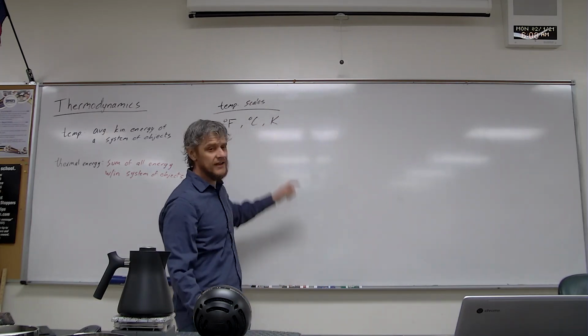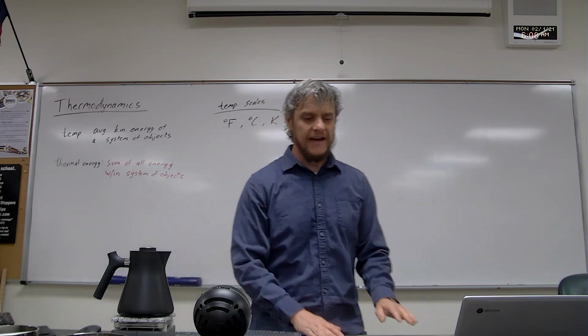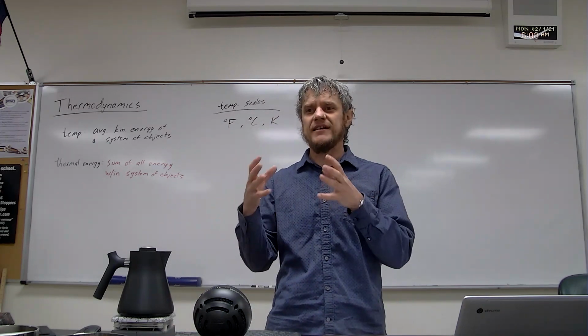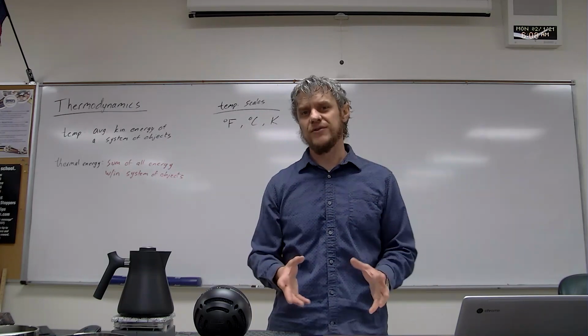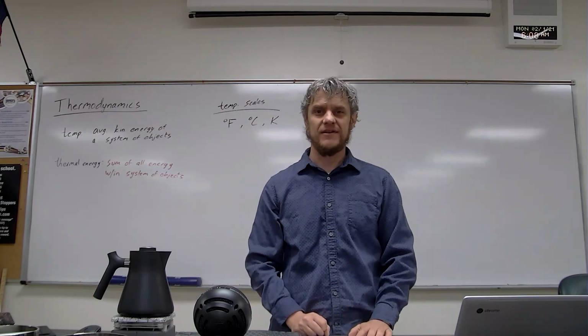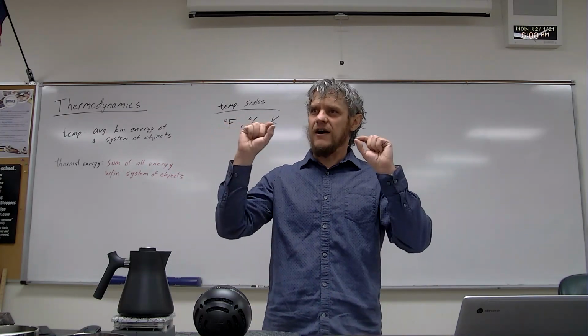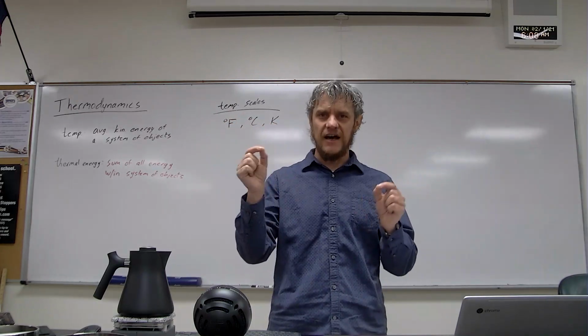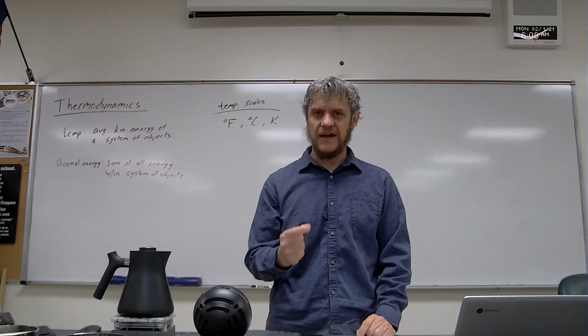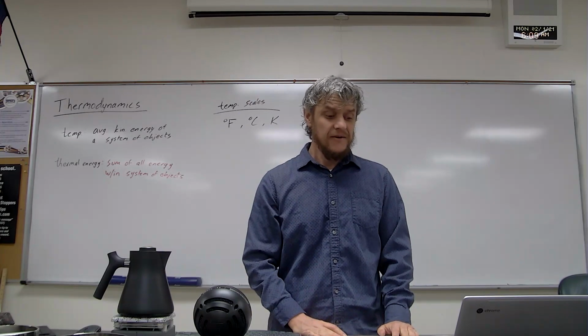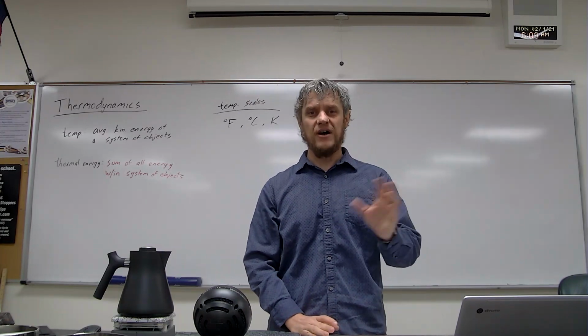Kelvin actually starts at absolute 0. And absolute 0 is defined as the temperature at which all atomic motion would stop. All the jiggling of atoms within a solid would stop. All the molecules within a gas would just stop moving. It's actually pretty much considered to be impossible to reach.